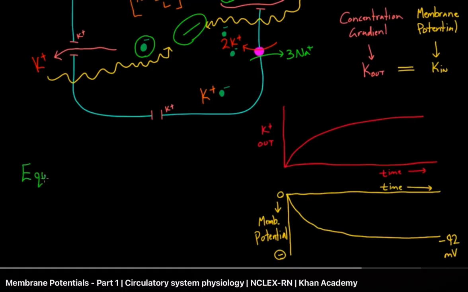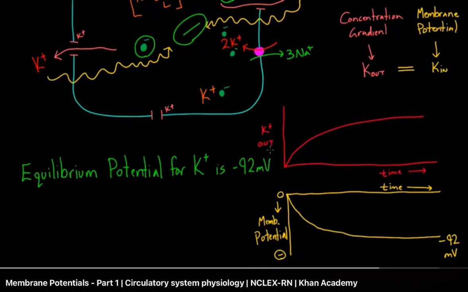So when you get to that negative 92, and it differs depending on the ion, but when you get to negative 92 for potassium, you've hit its equilibrium potential. So let me just write that out. For K it is negative 92. And again, this is assuming that the cell is only permeable to one thing, which is potassium.